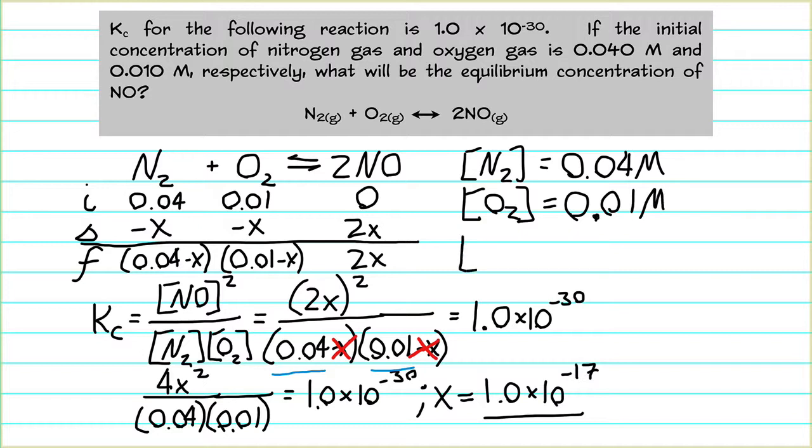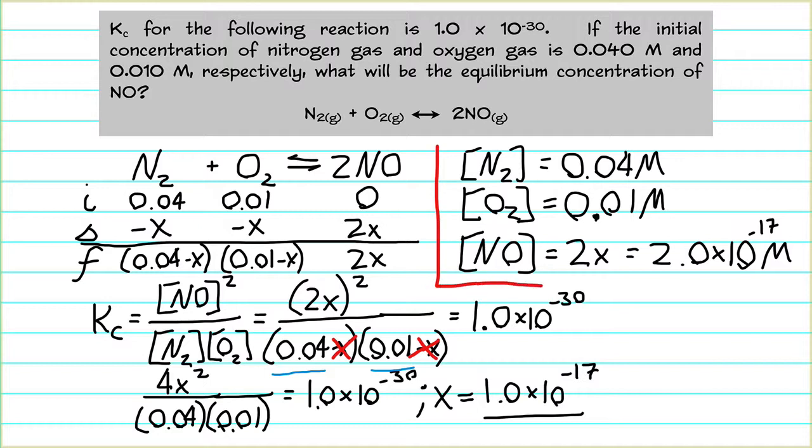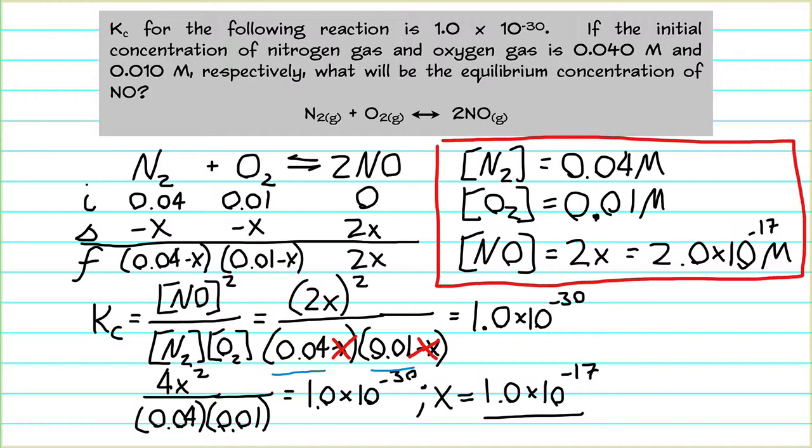And then finally, our concentration of nitrogen monoxide, we said it was going to be equal to 2x, and that means it's going to be equal to 2.0 × 10^−17 molar. And that is our final answer. And essentially what you're saying is not a whole heck of a lot is going to go on with this reaction.